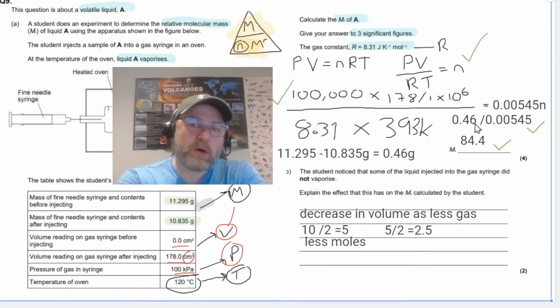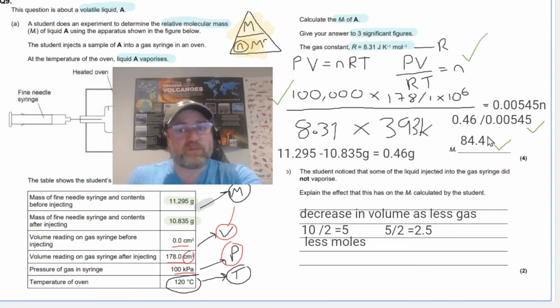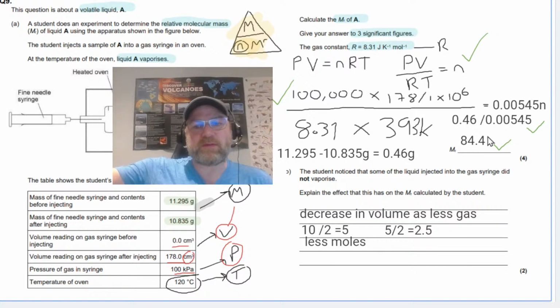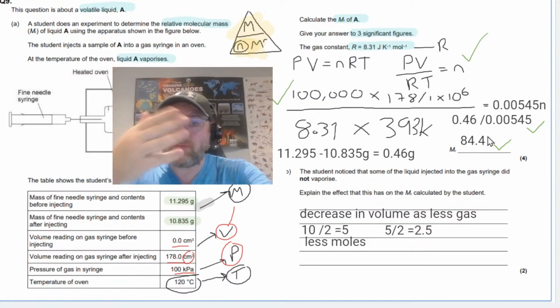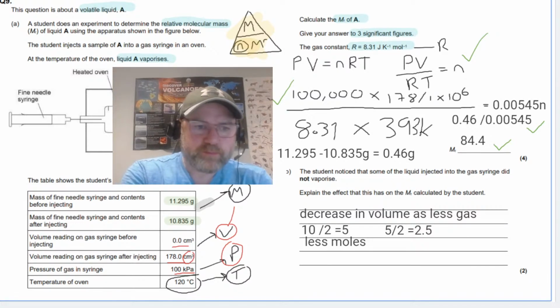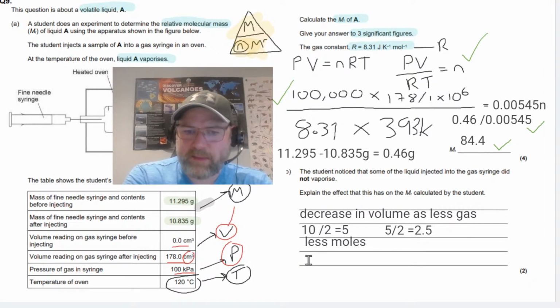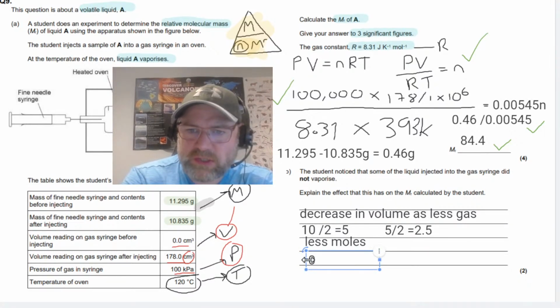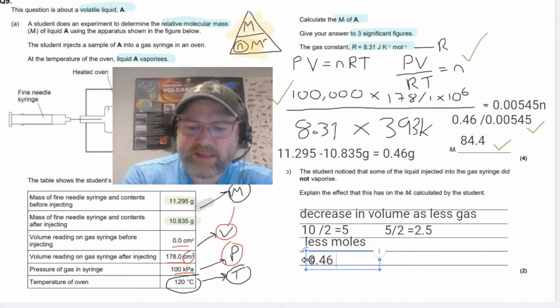If you had less moles when you come to the next calculation, so you got your 0.46, but instead of being over 0.00545, let's reduce that and say, we're just making these numbers up. You don't need any of these numbers. These are just to show you how when you're in an exam under pressure, you can just put some numbers in and find out.